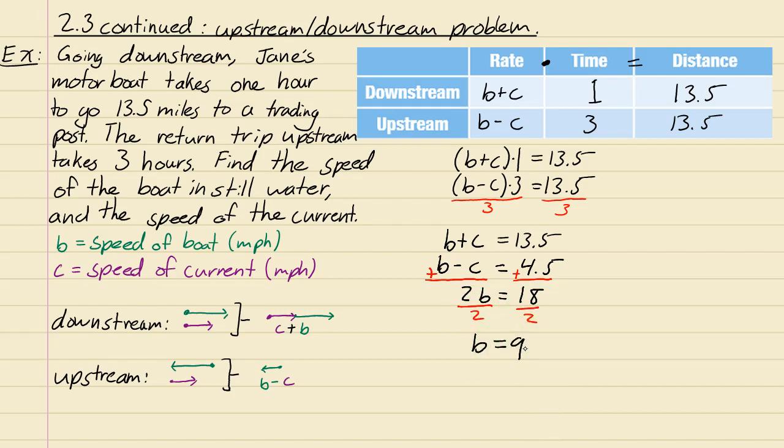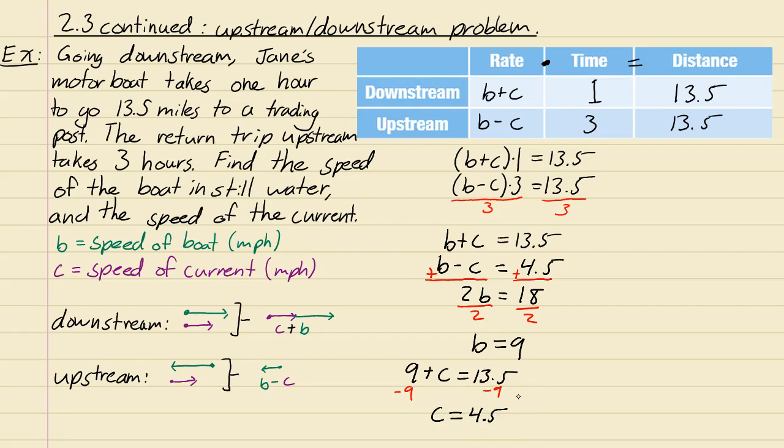And once you know what b is, you can plug that into one of the original equations. Let's say the first one here. That's going to make that become 9 plus c equals 13.5, and you could just subtract the 9 from both sides, and you'll get c equals 4.5.